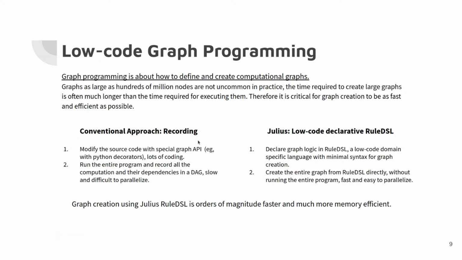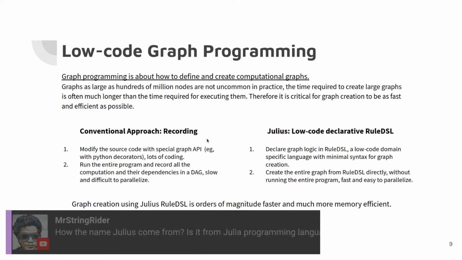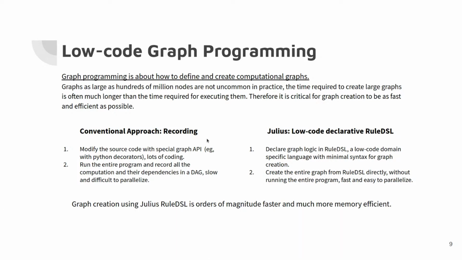In the conventional approach, for example the approach followed by TensorFlow and Airflow, all of the typical current graph computing platforms, you write in traditional programming languages, most likely Python, with some special API, most likely Python decorators.